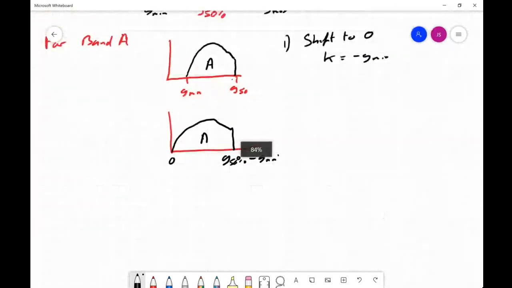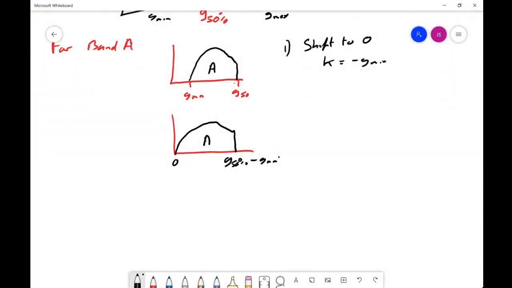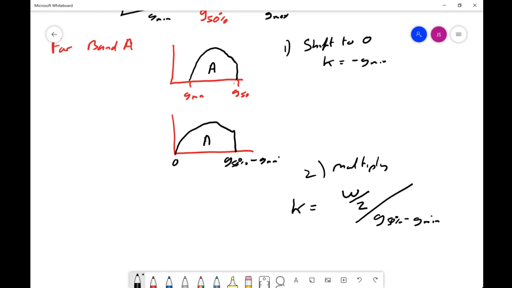The second step is a multiply. The K factor is going to be W/2, because we want to take the brightest in the A band to the halfway intensity, W/2, divided by G 50% minus G min. So there is your multiplication constant.